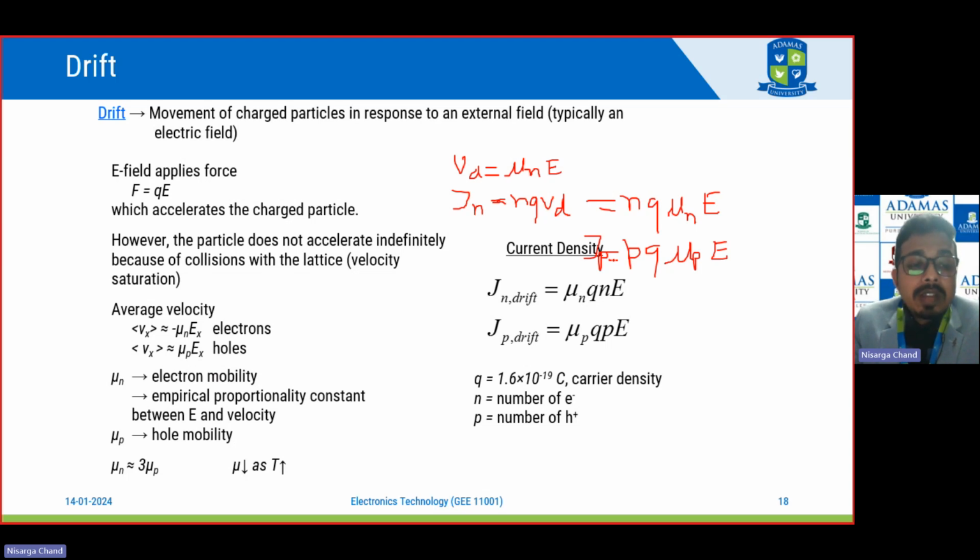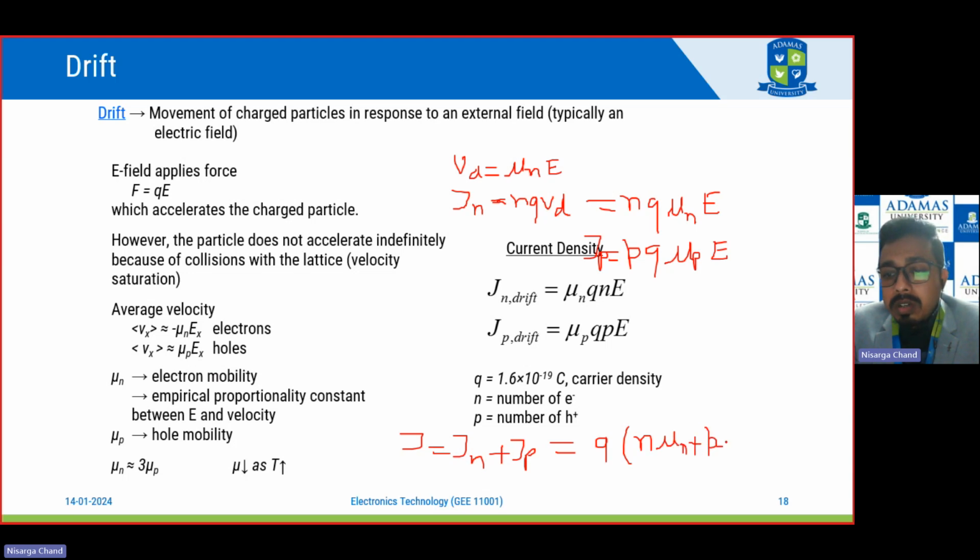So the total drift current J is equal to Jn plus Jp, where we can write q into n into mu n plus p into mu p into E.